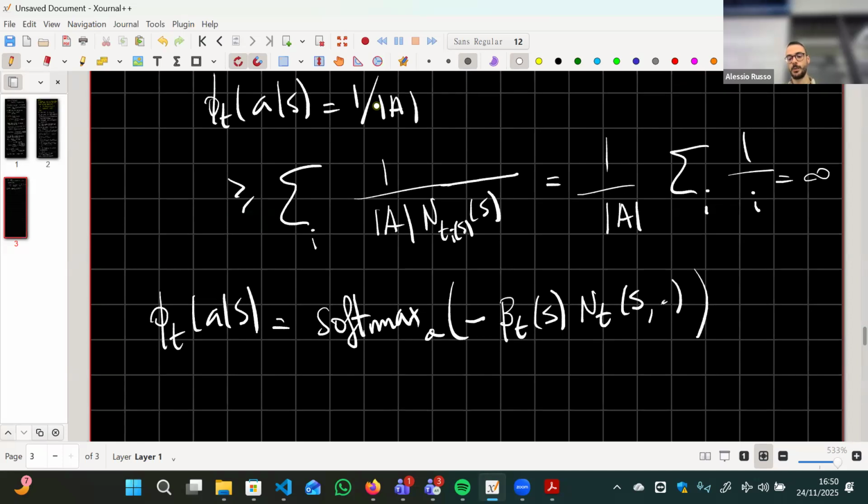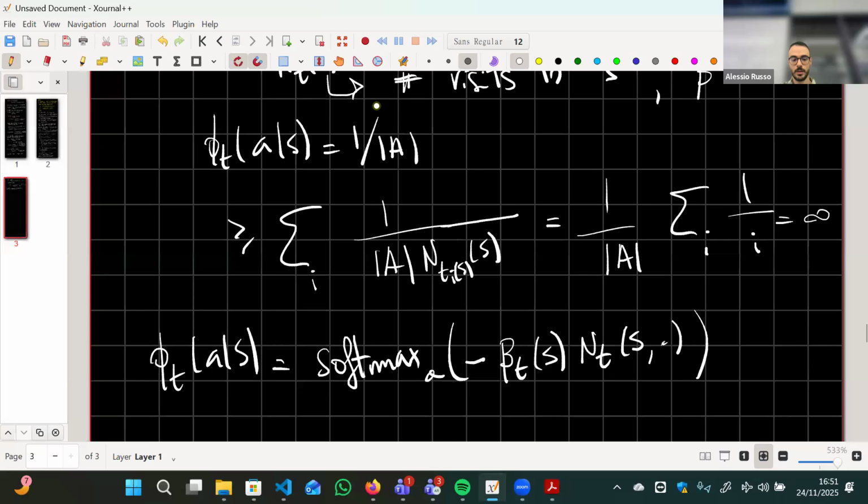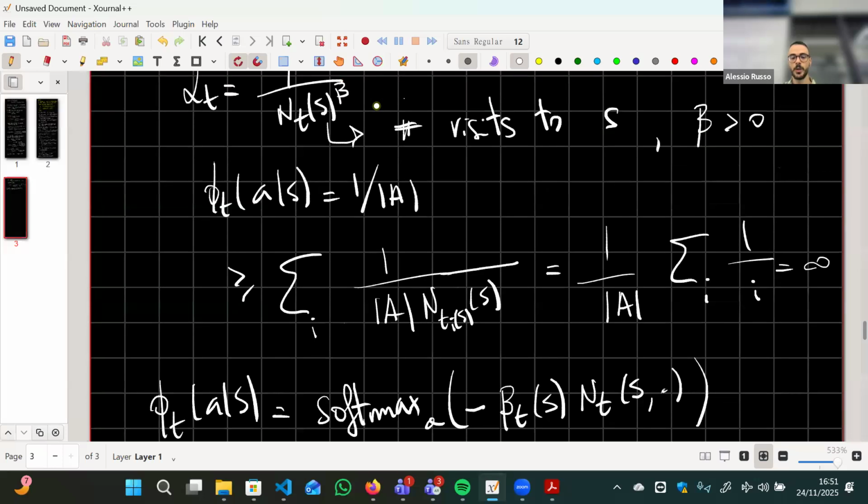So this policy will put more probability mass on actions that have not been selected as frequently as other actions. So this is usually what I use in my numerical results. But also uniform policy is fine, just for the sake of explaining the ideas.